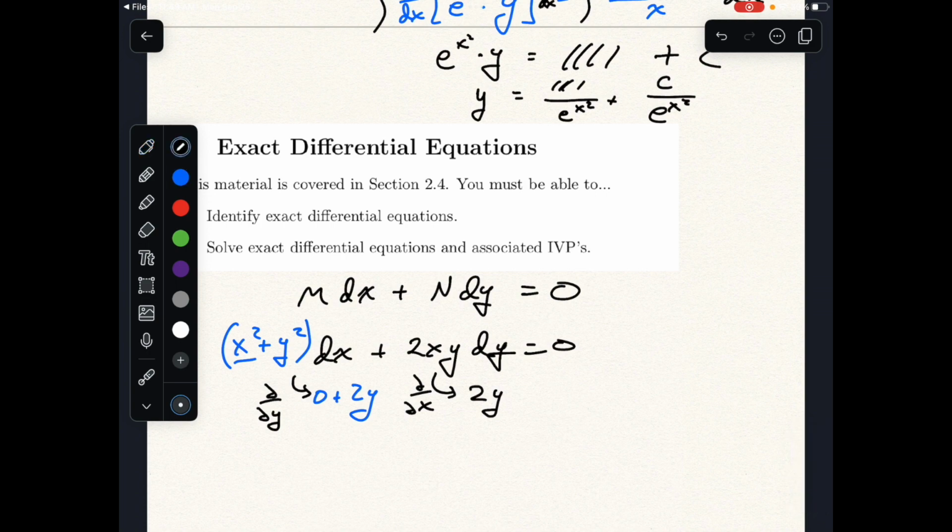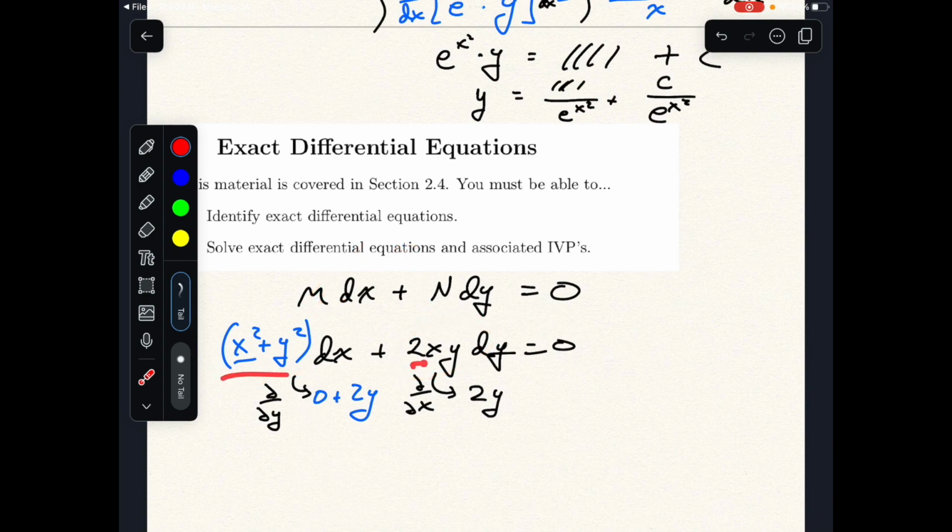From there, you can either integrate this guy to figure out what your f is, and then take a derivative of that, set it equal to 2xy to figure out exactly what your f had to be, or you could do the reverse, integrate 2xy dy, and then take a derivative with respect to x, set it equal to that.